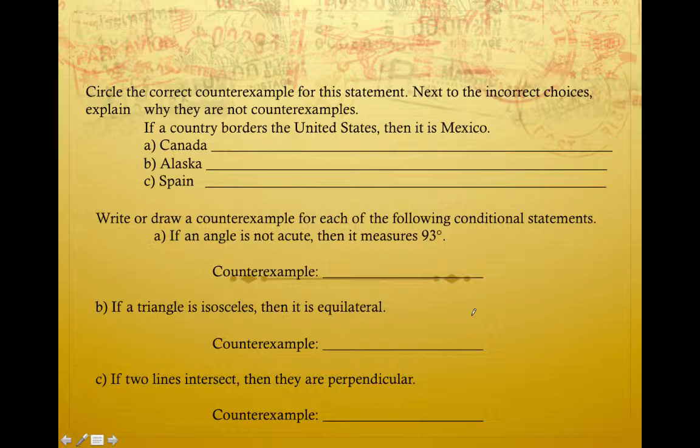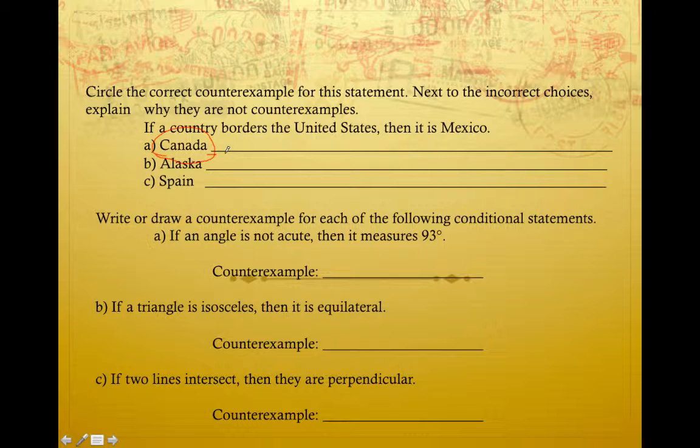Canada does border the United States and is not Mexico. Alaska is not even a country, and Spain definitely does not border the United States. So the only one that's a counterexample is Canada. So I will circle Canada and hope we sufficiently discussed the reasons so I don't have to write them.